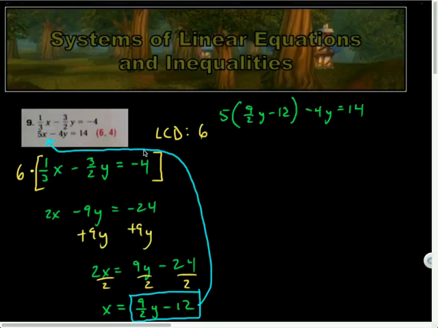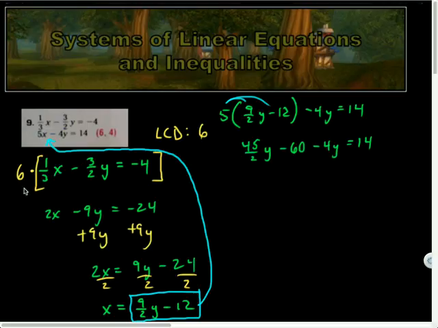And I'll want to use some distributing here. So 5 times 9 is 45. 45 halves does not reduce. Minus 5 times 12 is 60, if I'm not mistaken. Minus 4y equals 14. Woo.